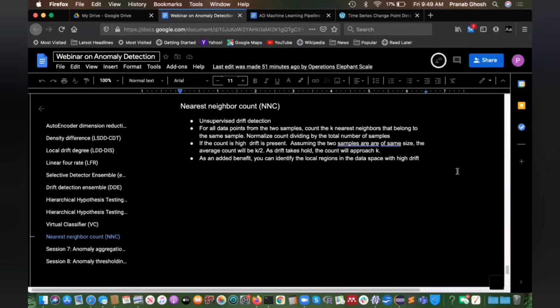You can repeat this for all the data points, or do some sort of grid search. You can break up your whole feature space into grids, take one representative sample for each grid, and calculate the number of neighbors that come from the same sample. That will identify the regions where there is drift as well as regions where there is no drift. So it's a local drift detection technique.